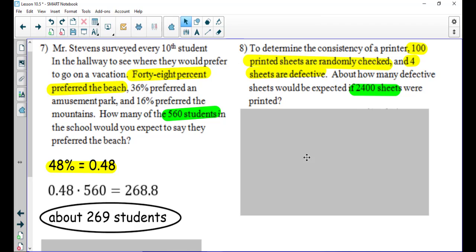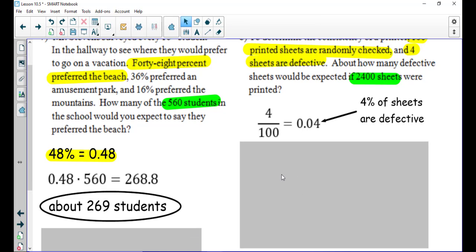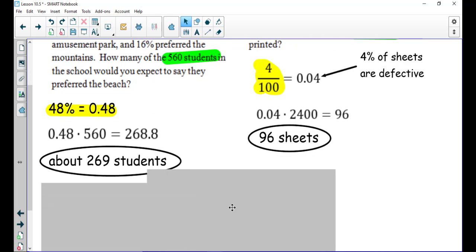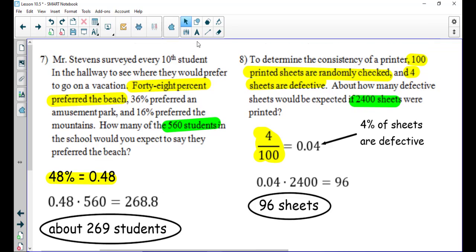So we'll take our 4 out of 100, which is 4%, meaning 4% of the sheets are defective. That again is from my sample. We'll take 0.04 times our population size of 2,400, which will get us 96. So we would expect 96 sheets to be defective.